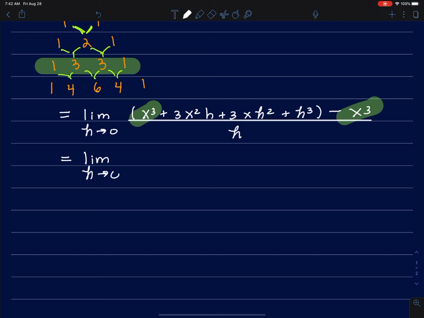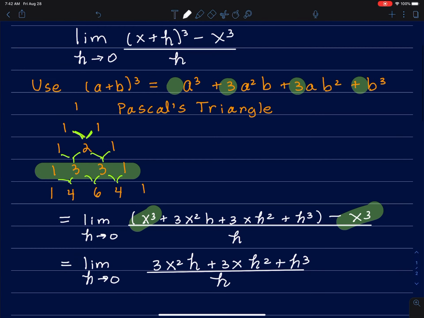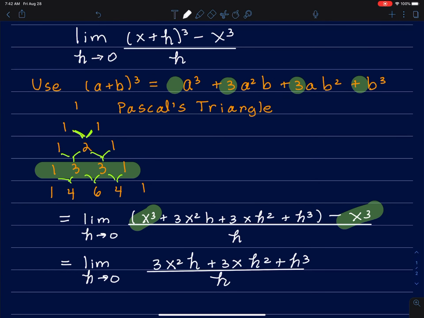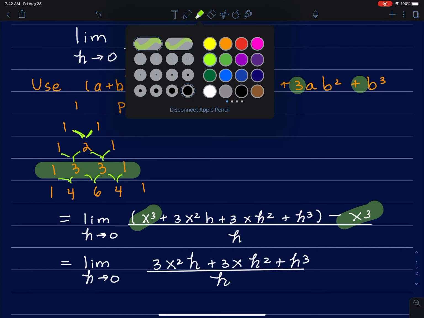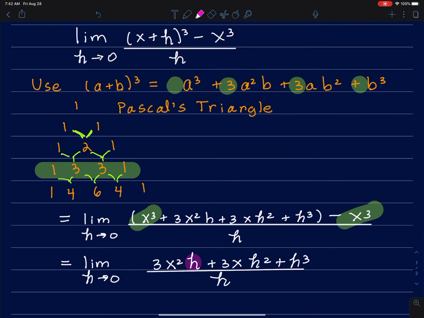Okay. Now, the x to the thirds cancel out. So we could maybe skip this next line here, but I'm going to copy everything down. I'm now getting somewhere, I think. The next thing I'm going to focus on is that in the numerator, there are expressions involving h, and there's an h in the denominator.